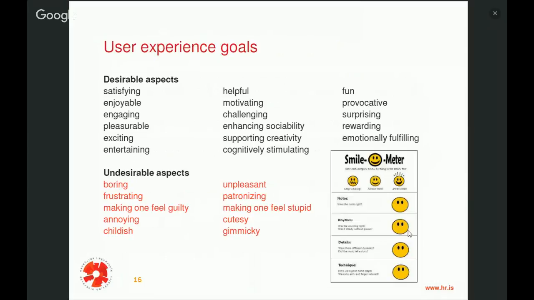So when you are designing, let's say you have one of your visions from your project, you could decide, well, we would like to focus on that it's challenging, and then that is your goal, and then you would measure that factor of the experience, or it's helpful or fun, or I don't know.